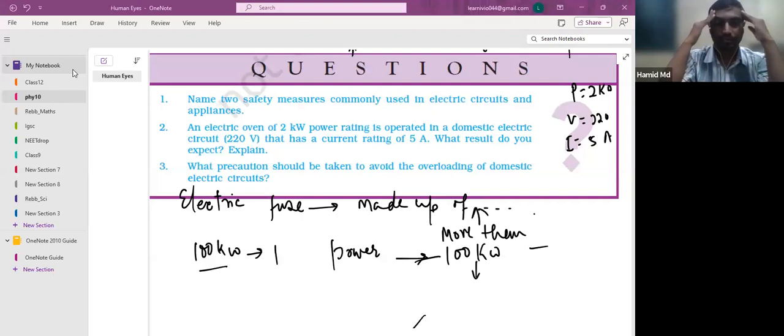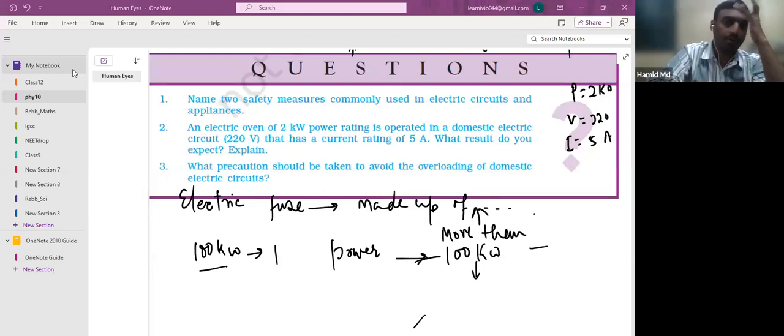Madiha, now your turn. Yes, sir. Question number 1: electric fuse. Faz, Madiha, okay. Madiha, question number 2. Sorry, okay, leave question number 2. Question number 1.